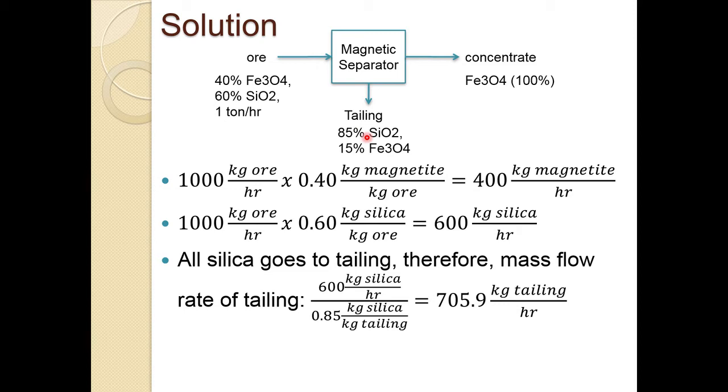So, for the rate of tailing, we have already found 600 kg silica per hour, and 85% of the tailing is silica.